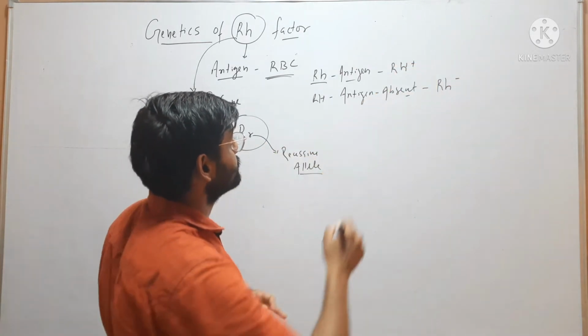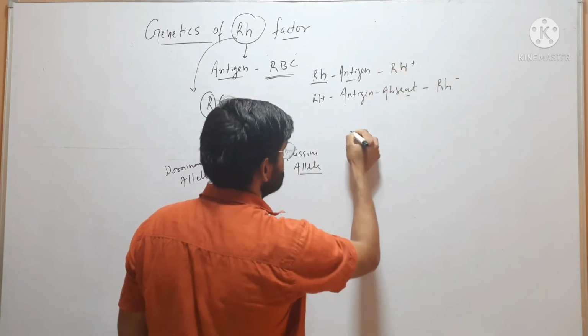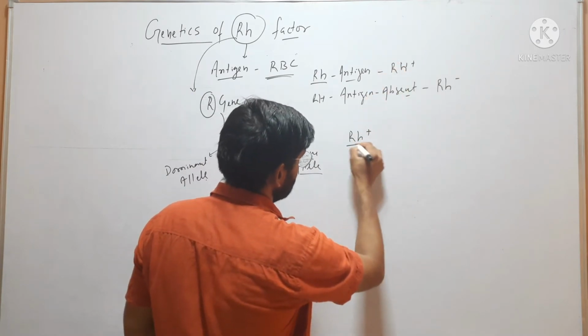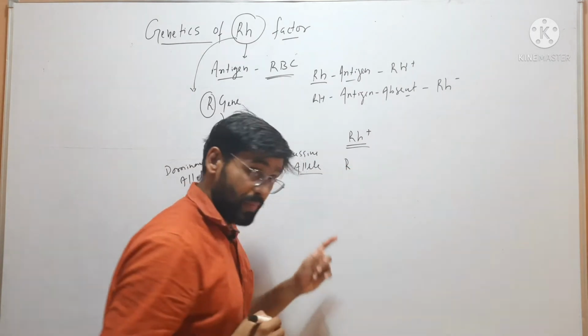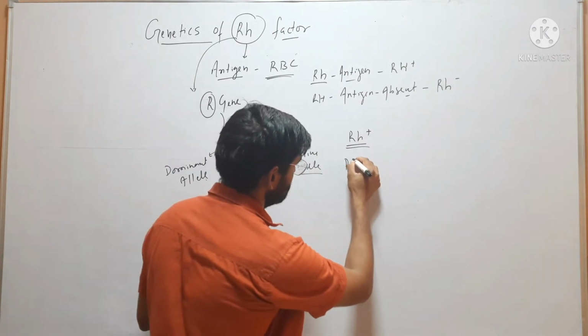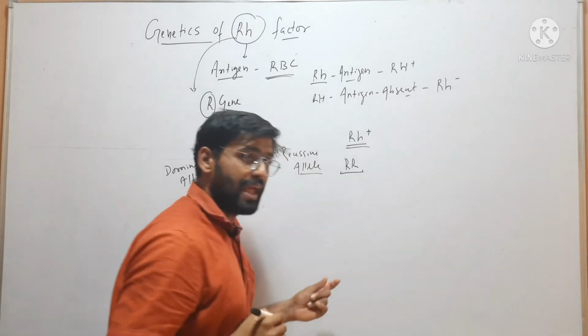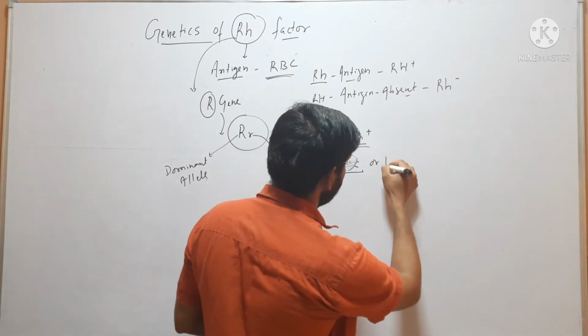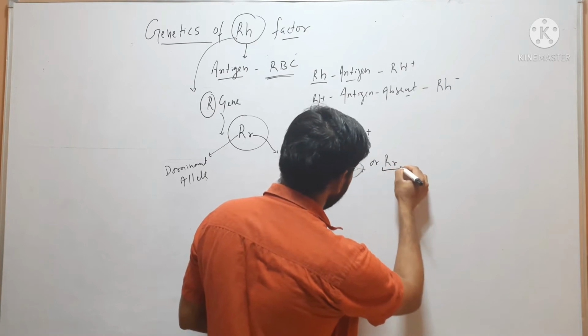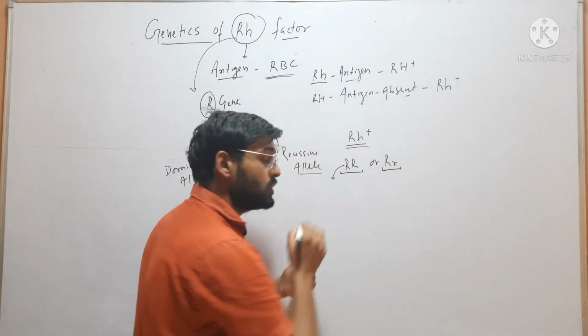So a person who is Rh positive may have the genotype capital R capital R, or the genotype may be capital R, small r, because R is dominant.